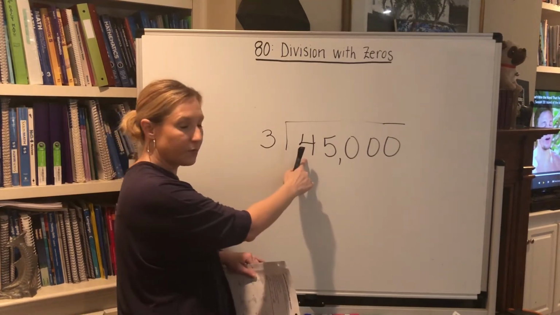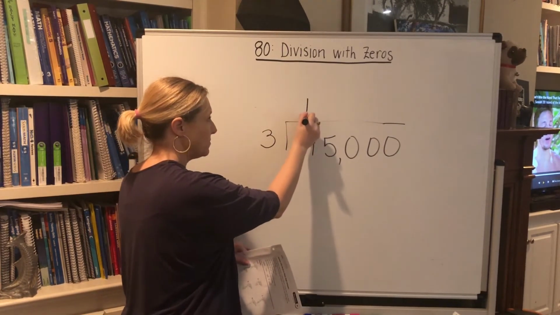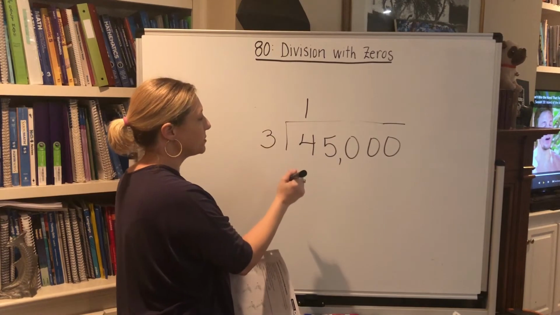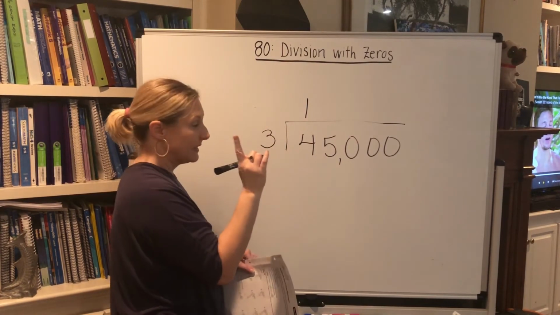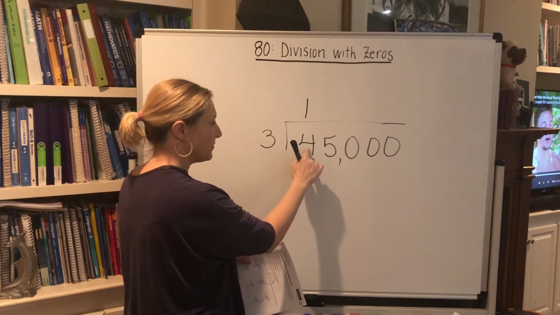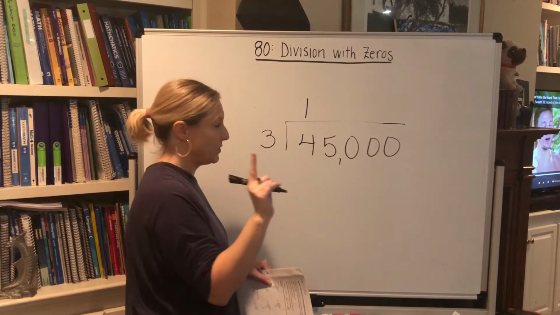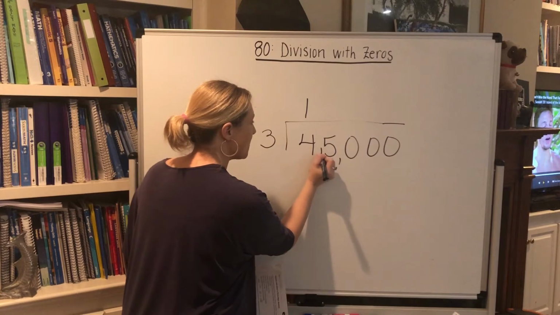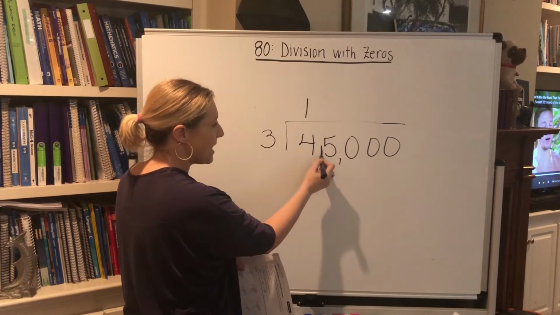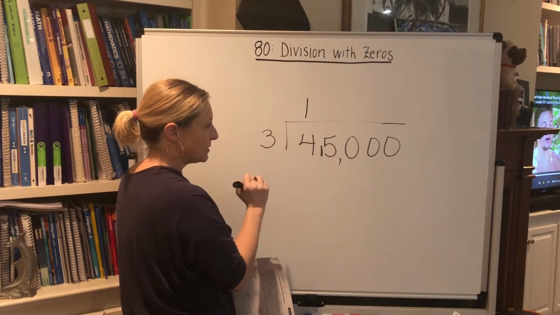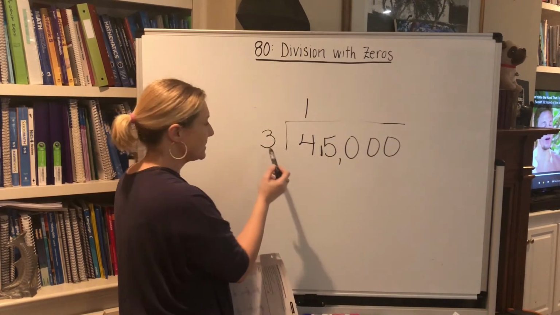Does 3 go into 4? Yes, one time. And 3 times 1 is 3. So that would leave us 1 left over. If we subtracted 4 minus 3, there would be 1 left over. So I'm going to put my 1 right here in front of the 5 so that I know that 15 is what I'm trying to put 3 into next.